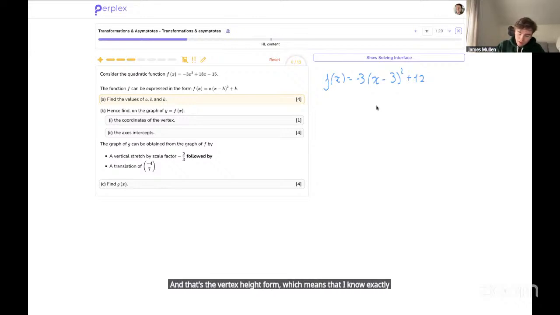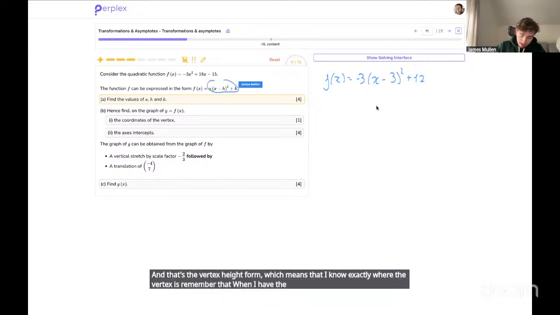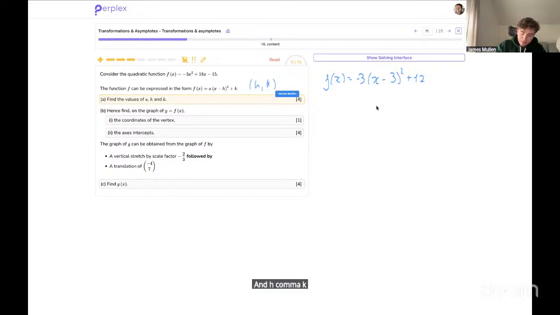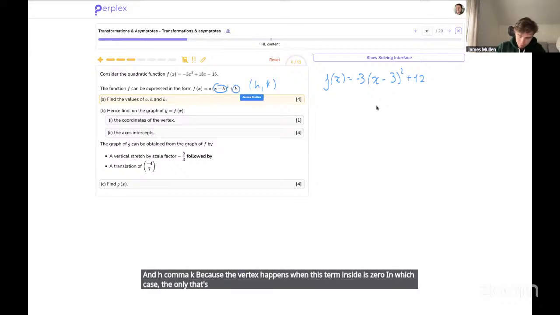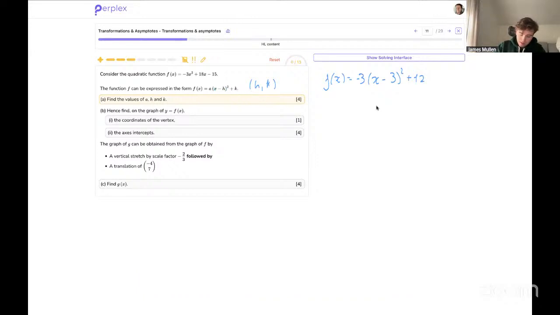Remember that when I have the form a(x minus h) squared plus k, I have a vertex at h comma k, because the vertex happens when the term inside is 0, in which case the only thing that's left for the y is k. So h comma k. So in this case, the vertex is at 3 comma 12. That is the answer for B1.